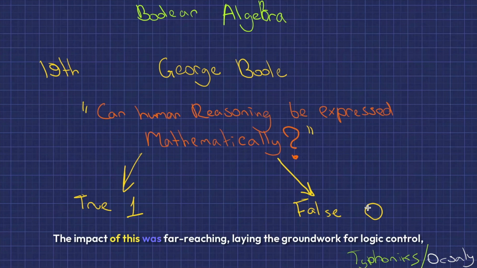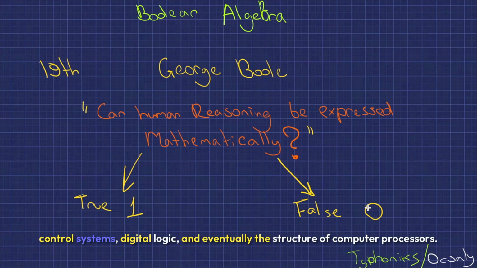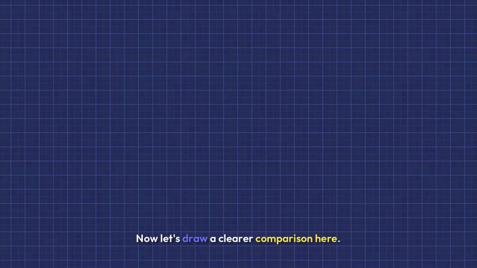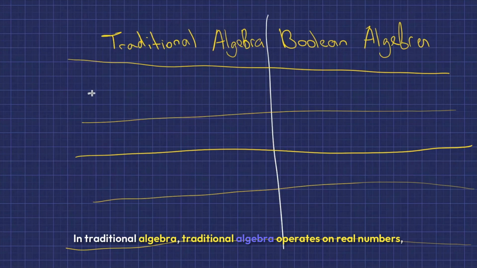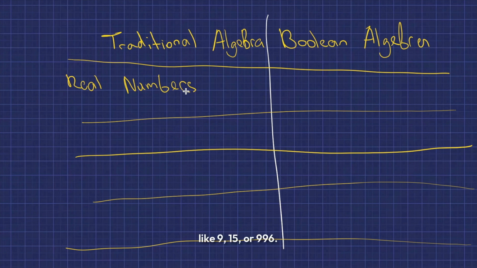The impact of this was far-reaching, laying the groundwork for logic control systems, digital logic, and eventually the structure of computer processors. Now let's draw a clearer comparison here. Traditional algebra operates on real numbers like 9, 15, or 996.